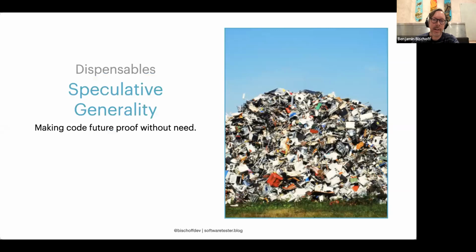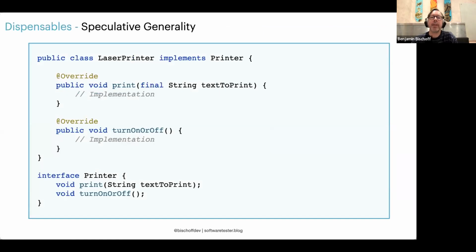Speculative generality. That's one of my pet peeves in coding. That is making code future-proof without the need. Let's imagine you have a printer in your office, a laser printer, and you want to write a program for it.